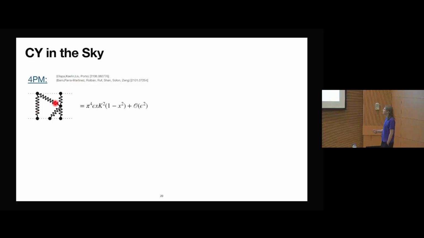And let's have a look at 4PM, what appeared there. At 4PM, we had this integral which evaluated at leading order to a square of an elliptic function. And an elliptic function, we can also interpret geometrically. An elliptic function is just given as a period over a torus.